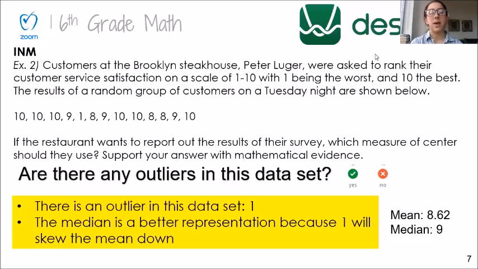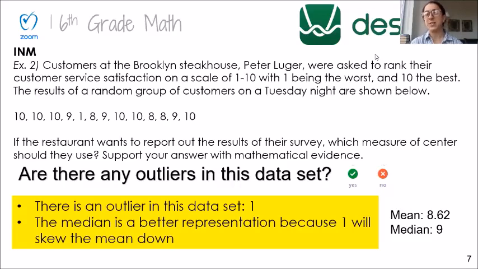All we're saying is that the median is a better representation because that outlier of 1 is going to have a larger impact on the mean, and it's actually going to skew it down. So as we can see there, the mean is lower than the median. So the better representation here is the median because we have an outlier.